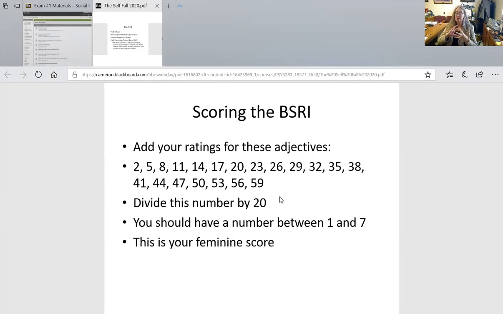These are the 20 adjectives that, according to the BEM Sex Role Inventory, are feminine qualities. The more 6s and 7s you gave for these, the higher your feminine score is going to be.